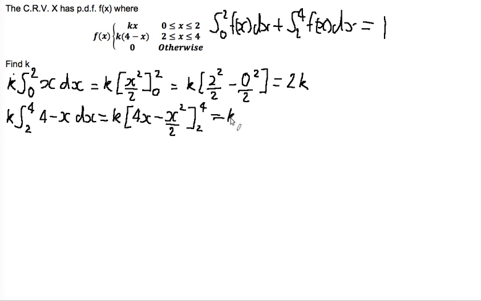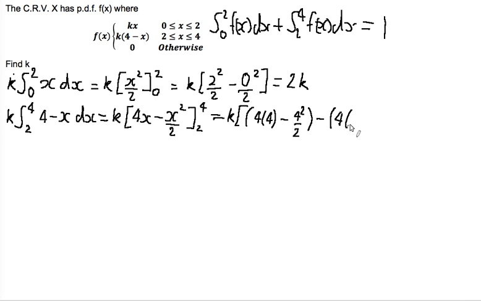So this is now going to be equal to, showing my substitution stage, I'll put my 4 in, so I get 4 lots of 4, take away 4 squared over 2. Remember to show your full substitution stage, don't do any simple calculations along the way, show that you know how to do the integration properly.